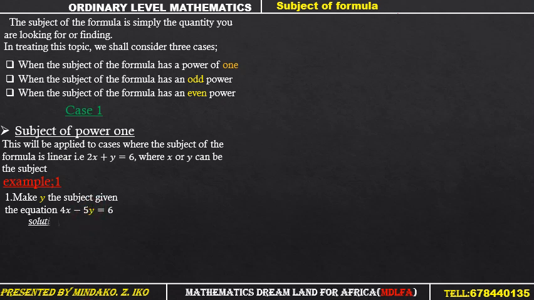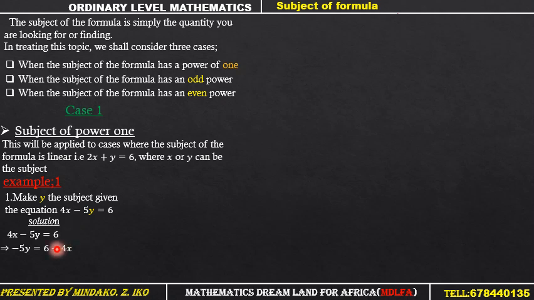So we look at the solution. We have 4x minus 5y equals 6. It implies that negative 5y equal to 6 minus 4x. Why is it like that? Let me explain. Here, this 4x is positive, and when it crosses the equality sign, it becomes negative.